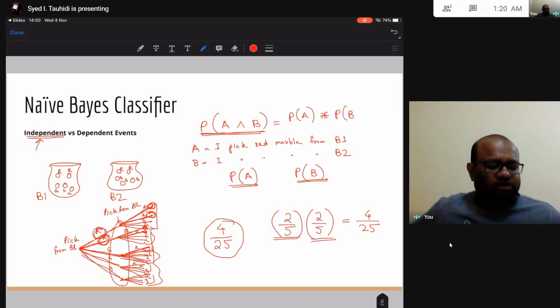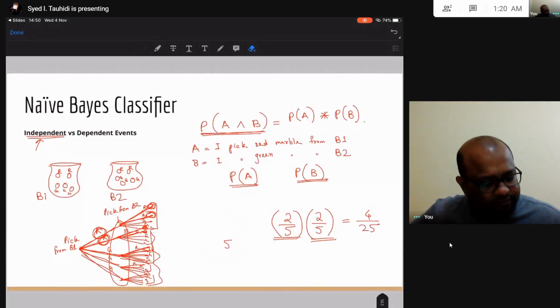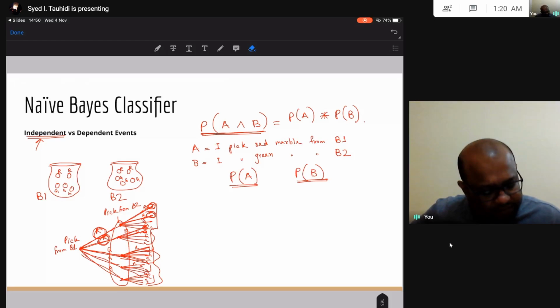Okay, so this is what I have. Say now I make some change in my requirement. I say event A is I pick a red marble from bag 1, event B is I pick a green marble from bag 2. Okay, now what is going to happen? All these events of picking a green marble from bag 1 are not of my interest.